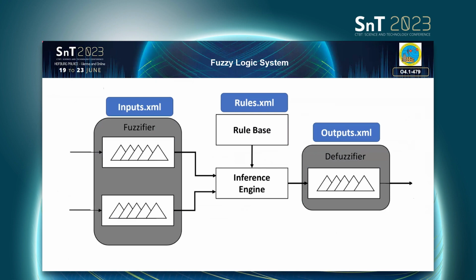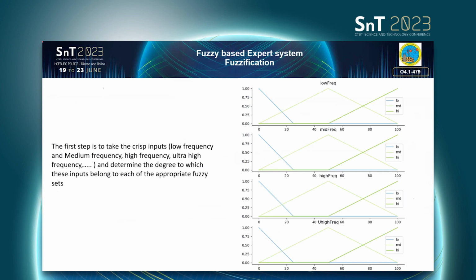All of these parts, each part, have a different configuration file, a simple XML file. We can see its format like the other files. For the first stage, the fuzzification, as I mentioned, it takes inputs like this one. We have 4 inputs, 4 frequency ranges: low, medium, high, and ultra high frequency range. Then I can make different sets, low, medium, and high, so I can convert the goodness value for each frequency band into membership values for each subset.